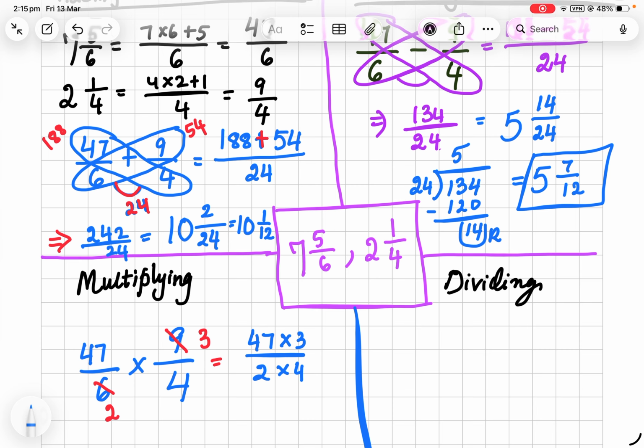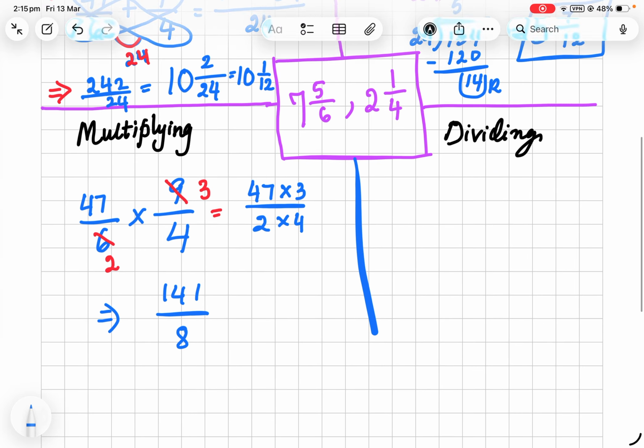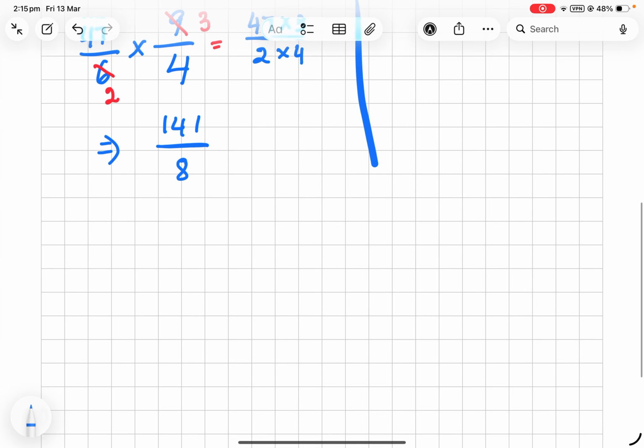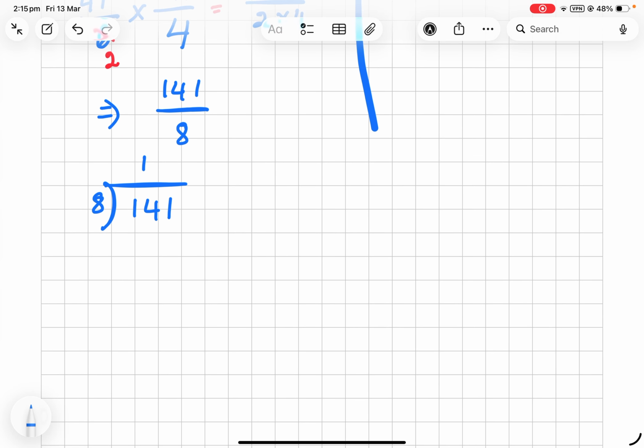Now, 47 times 3 would end up as 141 divided by 8. Again, that's an improper fraction. You need to convert that into a mixed fraction. So 8 times 1 is 8. Your remainder is going to be 6.